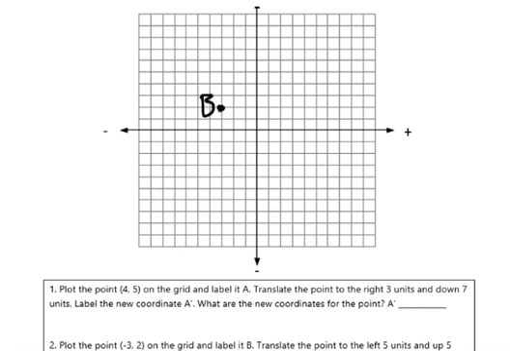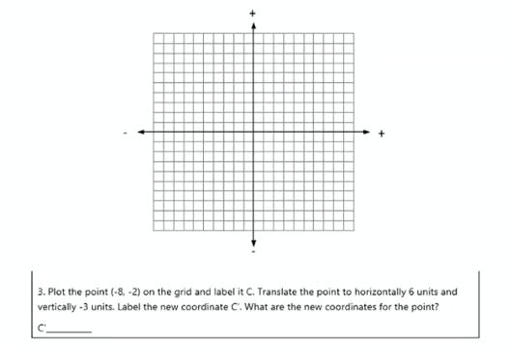So go ahead and move from that coordinate 5 to the left, so 1, 2, 3, 4, 5, and then up 5. 1, 2, 3, 4, 5, and you should end up here, and we're labeling that point B prime. Okay, what are the new coordinates for B prime? Well, we move over to the left -8, and we move up +7.